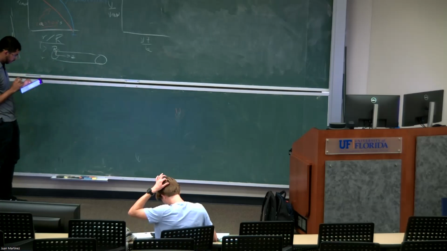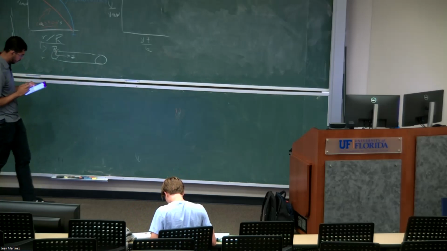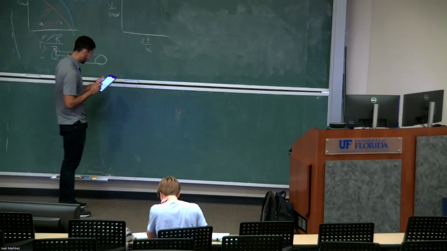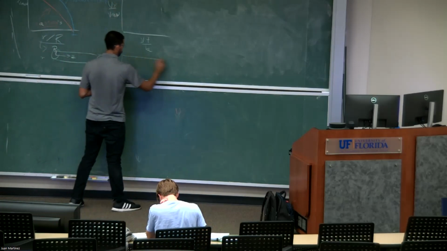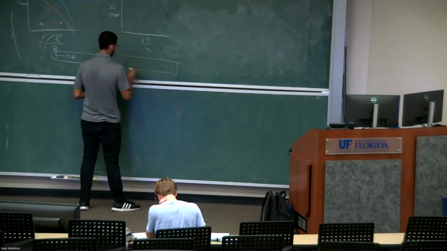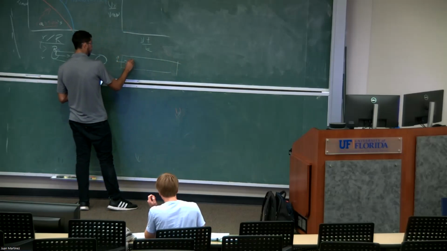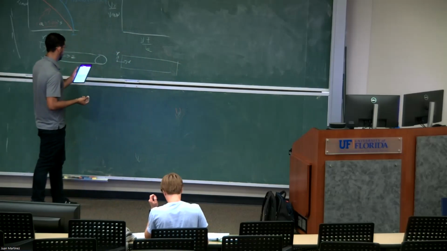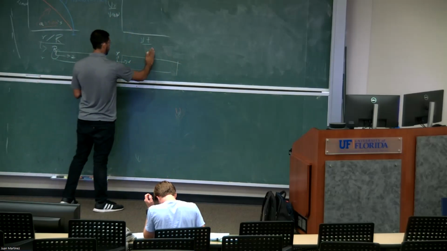So I have the velocity profile. Here we have the velocity profile of this channel, and our coordinate system, x, y. We have the velocity in the x direction, u over u max, and over here we have 2y over h.